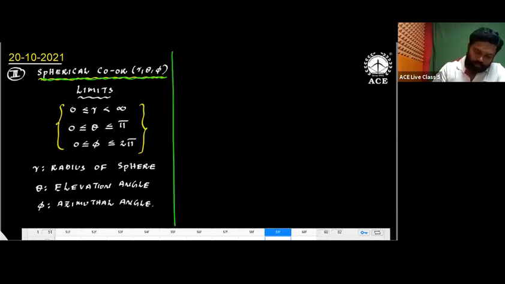Now here we will be using what is called a right-handed and orthogonal coordinate system.